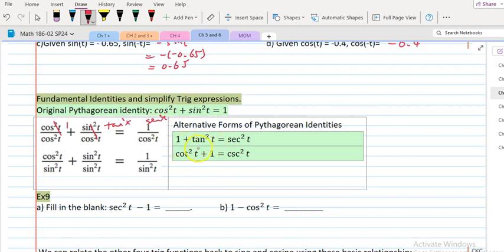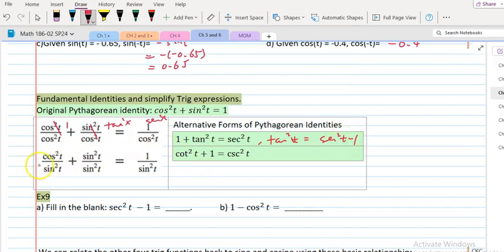So 1 plus tangent squared t is equal to secant squared t. The alternative form is tangent squared t equals secant squared t minus 1.